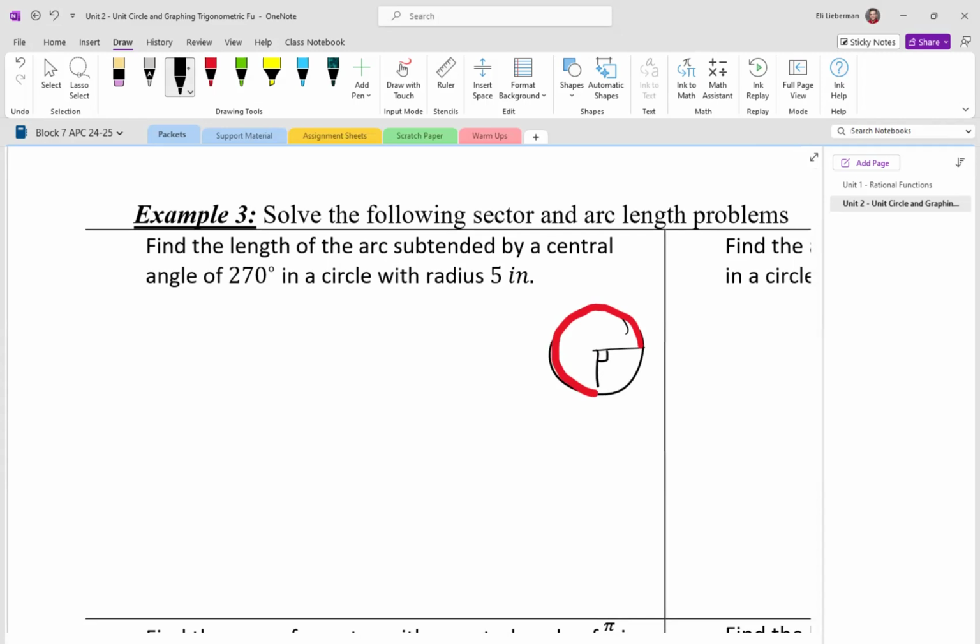And now it's 270 degrees, so I'm going to be using the normal one. Did I do that right? 15/2 pi inches. Did I get that right?